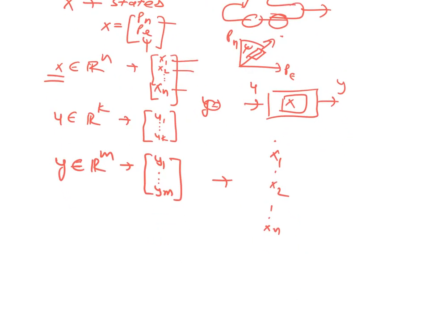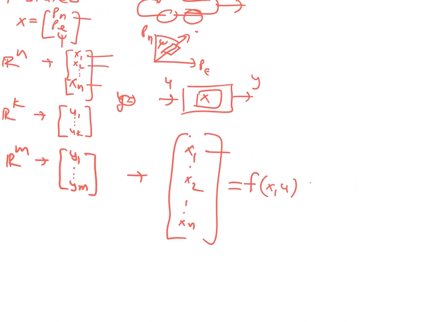Now, that can be written as a function, f of x, u, because each first order differential equation will depend on its own state and all the remaining states. Which can be written as n first order differential equations: f1 of x, u, f2 of x, u, up to fn of x, u.